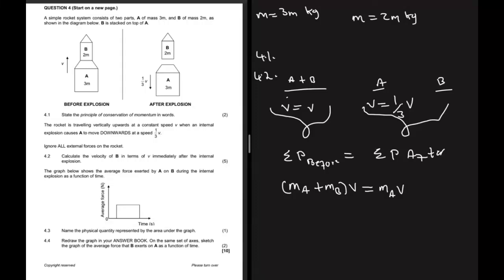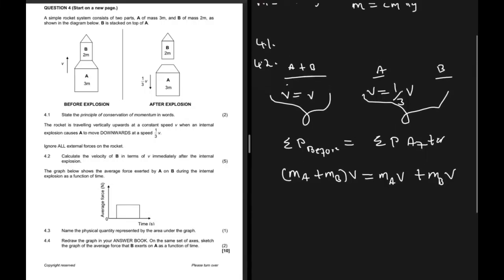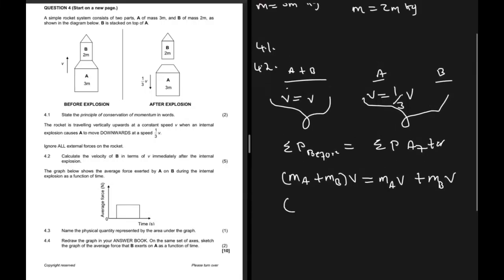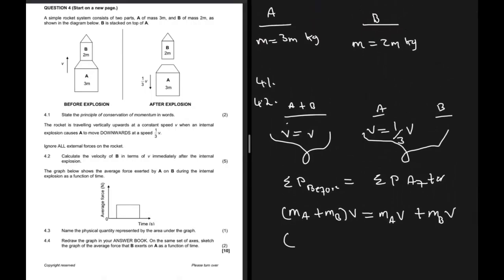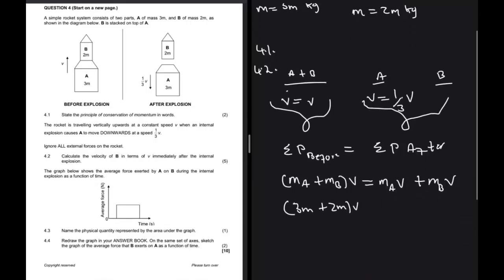Now that they've exploded, they're no longer together, so we're going to have the mass of B and the velocity of B. The mass of A is 3m, so we put 3m plus the mass of B, which is 2m, and the velocity is just given as v.